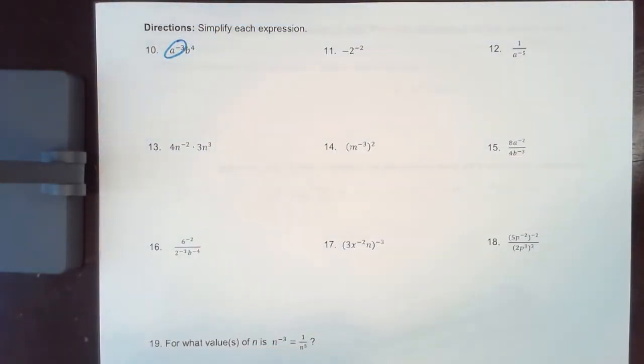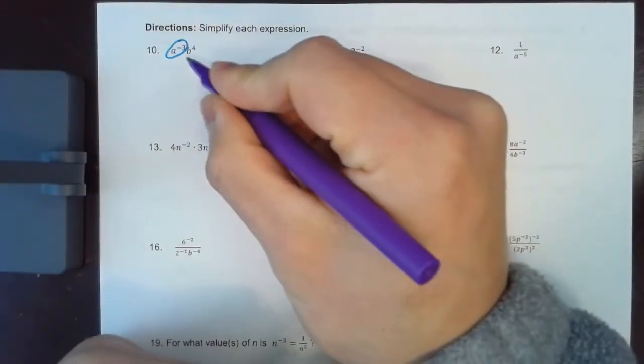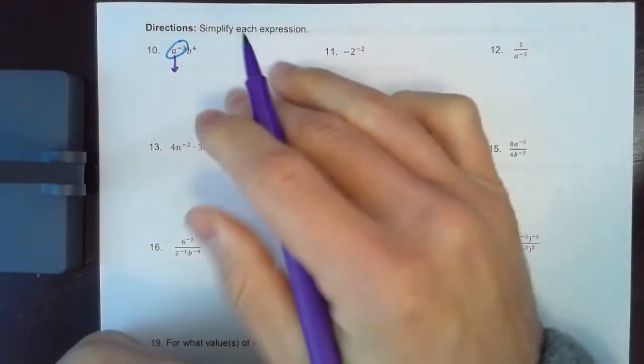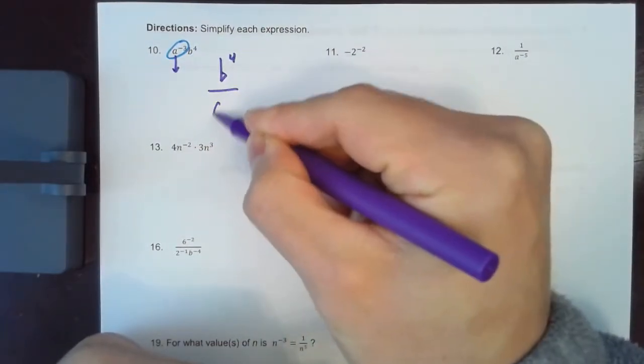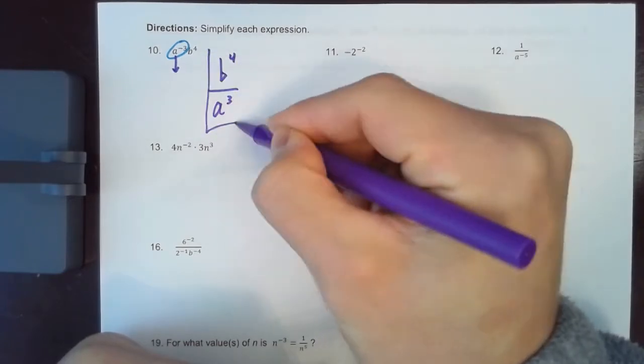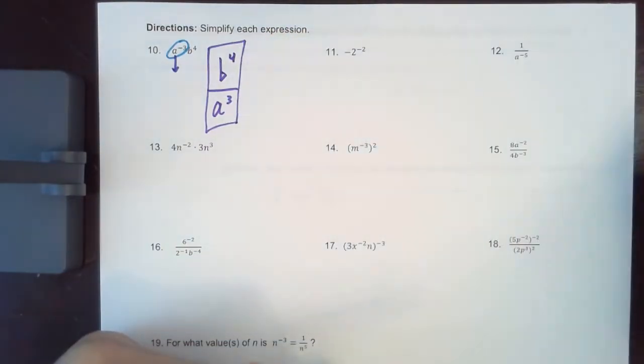And this is something I would love to see in your homework too. Like when you write down the original problem and then you circle the only base that has the negative exponent, then you just leave, kind of show that it goes to the other side. You end up getting b to the 4 over a to the third. It is that simple, class.